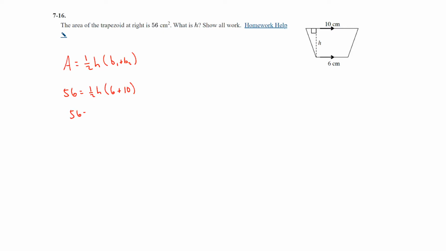So 1/2 times 16 is 8, so 56 is equal to 8h, divide by 8, and h is equal to 7. So the height would be 7 centimeters.